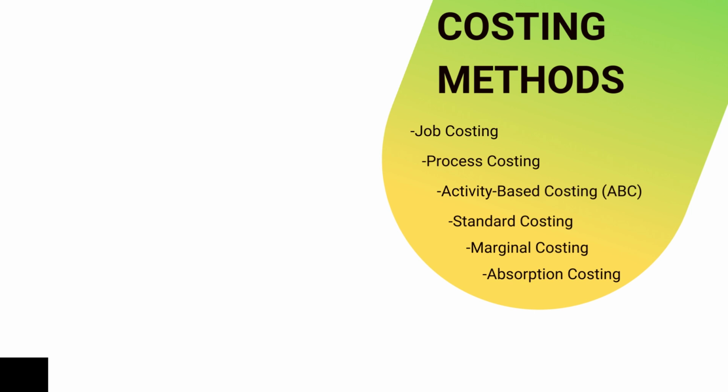Then there is activity-based costing, formerly known as ABC. This allocates costs based on activities that drive resource consumption, providing a more accurate cost allocation. Then, how about standard costing? Standard costing involves setting standard costs for various cost components and comparing actual costs to these predetermined standards.